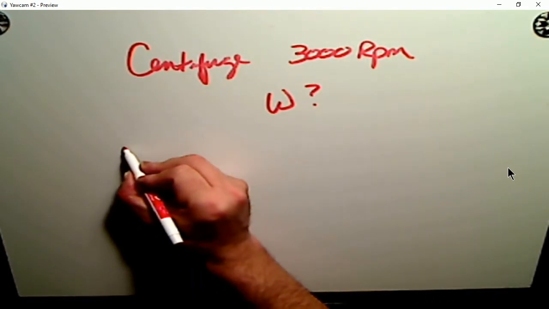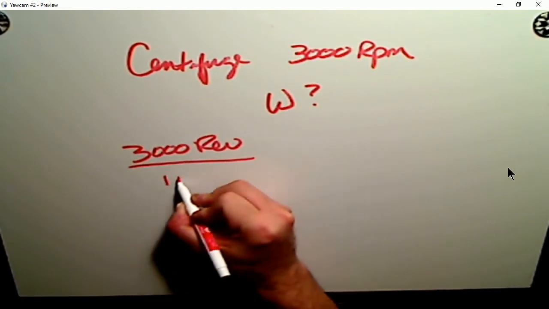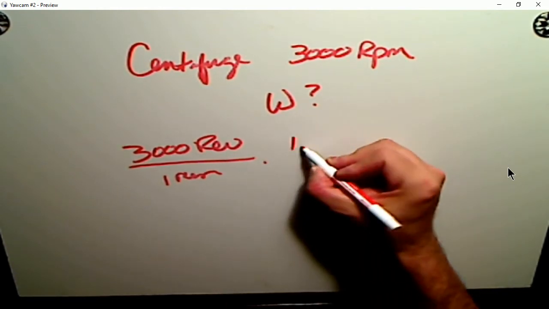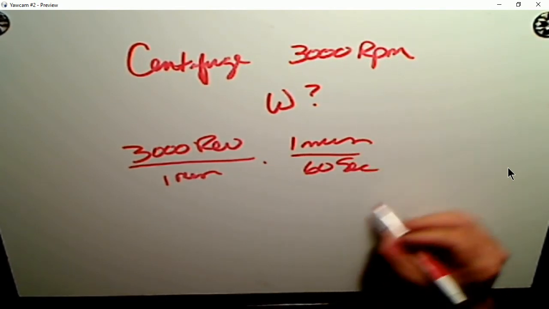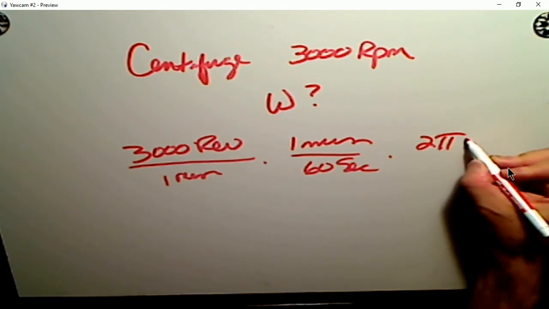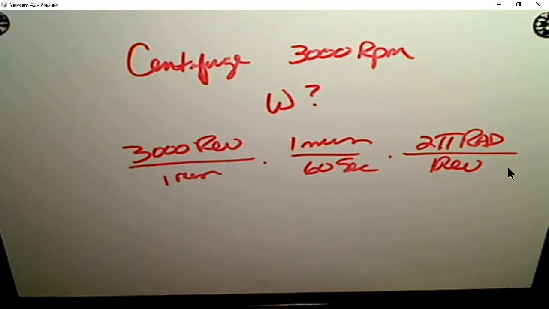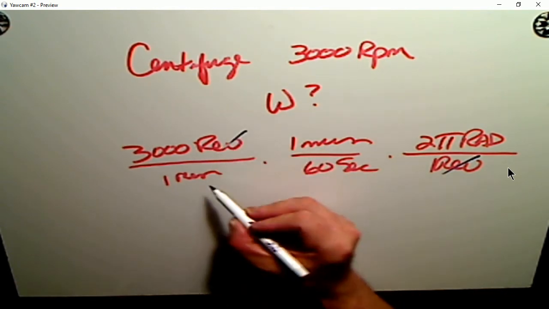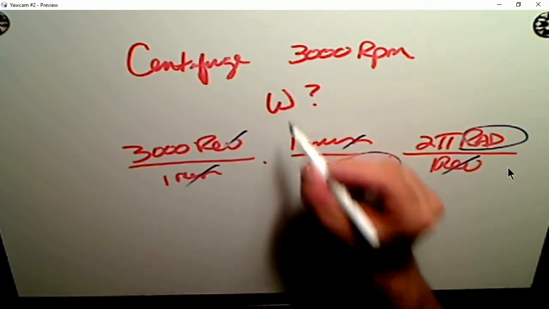Well, if we know that it does 3,000 revolutions for every 1 minute, doing our dimensional analysis, we know 1 minute is equal to 60 seconds, and that there are 2 pi rad for every 1 revolution. You see what happens here. The revolutions cancel, the minutes cancel, and I'm just left with rads per second, which is what omega is.